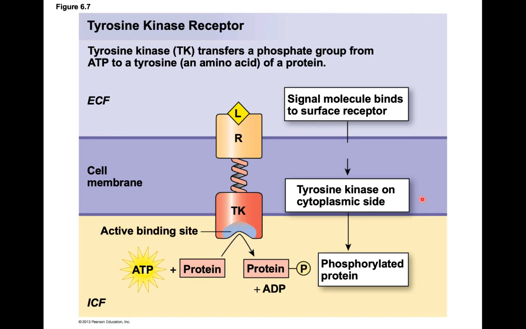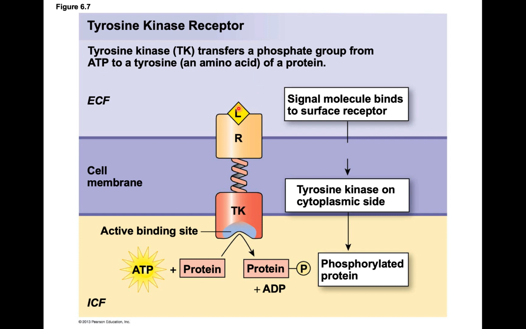So here is our first signal receptor. We're going to call this the tyrosine kinase receptor. The tyrosine kinase receptor is a type of receptor that spans the entire cell membrane, from the extracellular fluid side to the intracellular fluid side. What you'll see is that you have the ligand, the signaling molecule, you have the receptor, and you have part of the protein that's connected to the intracellular portion, which we call TK, the tyrosine kinase.